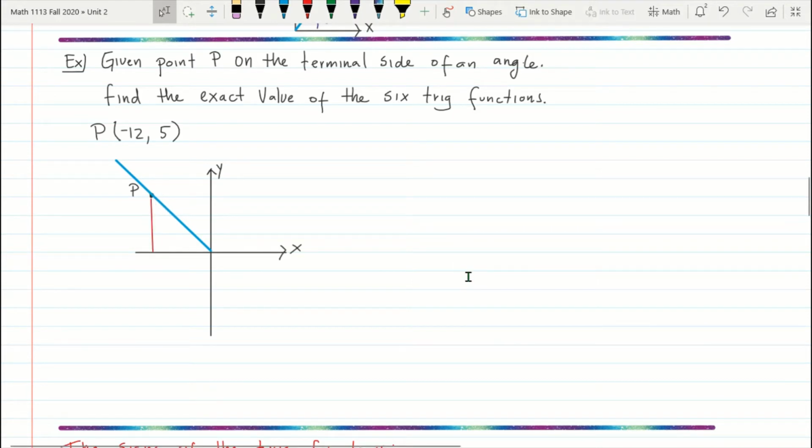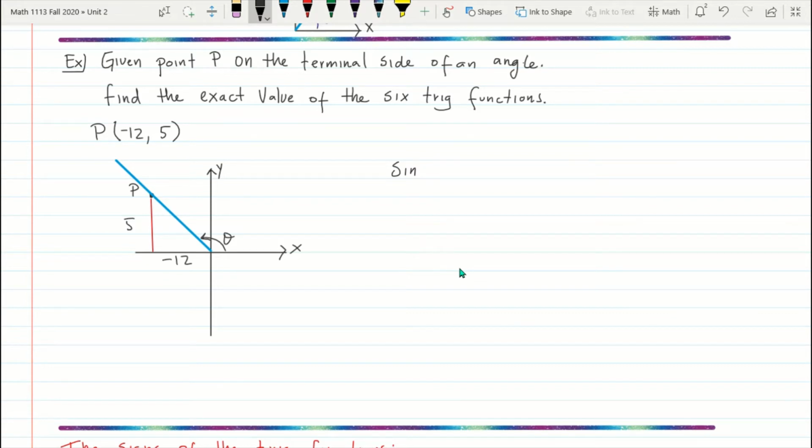Okay, so now I'm going to find the different trig functions evaluated at the angle theta, right? So again, let's label everything. So it was to the left 12 units and then upwards 5 units.